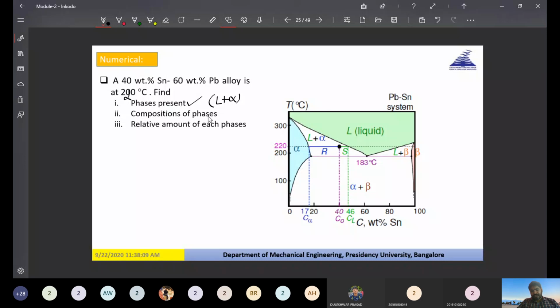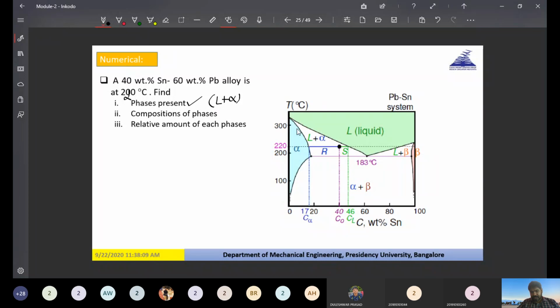Now, composition of phases. If you remember, in order to find the composition of phases, suppose this is the point, and to find the composition of the alpha phase, draw a line parallel to the composition line and see where it cuts the solidus line.